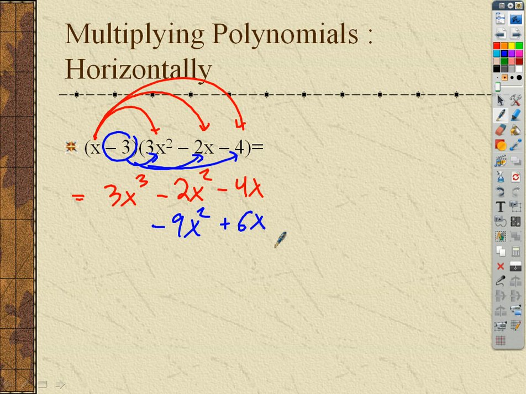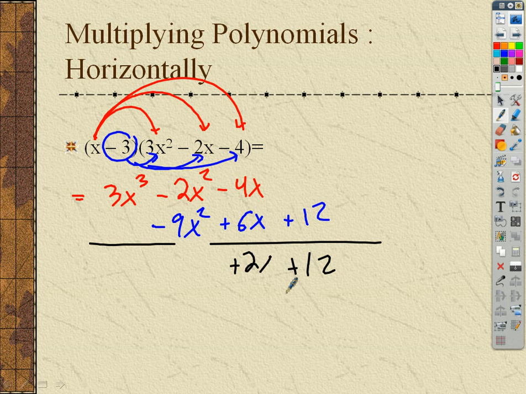Okay, 6x, good. Negative 3 times negative 4. Okay, and then we add those up. 12, what? 2x, negative 11x squared, and 3x cubed. Yeah. Okay. Either way, no big deal.